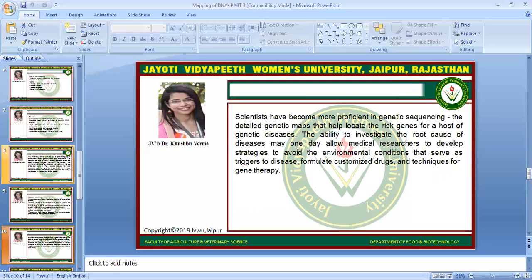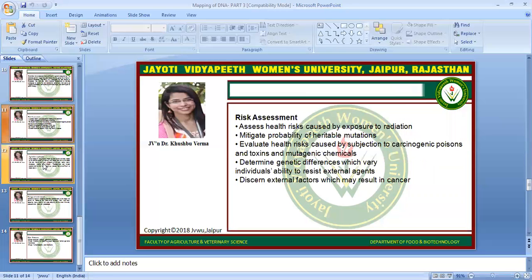The ability to investigate the root cause of diseases may one day allow medical researchers to develop strategies to avoid environmental conditions that serve as triggers to disease, and to formulate customized drugs and techniques for gene mapping or gene therapy.